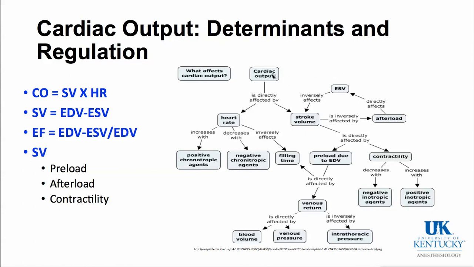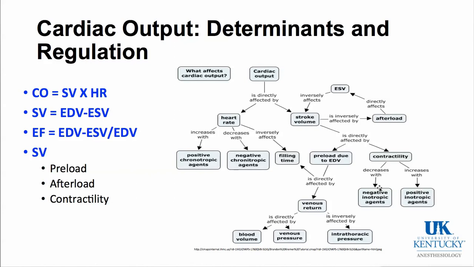One, cardiac output is directly affected by heart rate and stroke volume. Heart rate: positive chronotropic agents, things that speed the heart up, and negative chronotropic agents, agents that decrease the heart rate. Stroke volume is affected by several things: preload, afterload, and contractility.